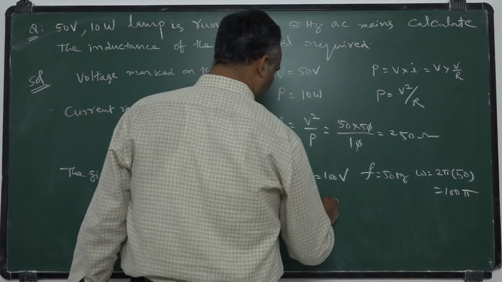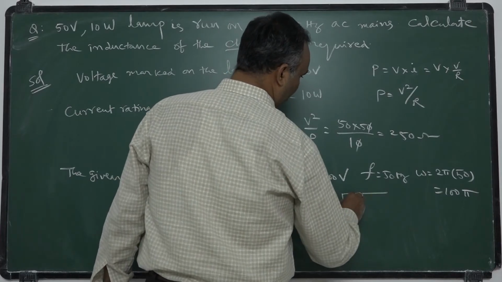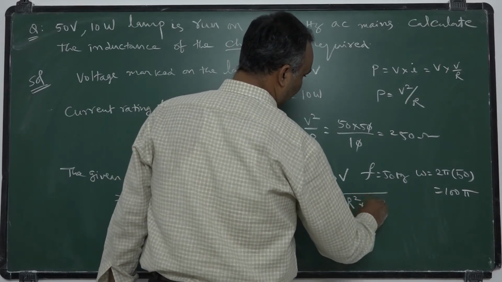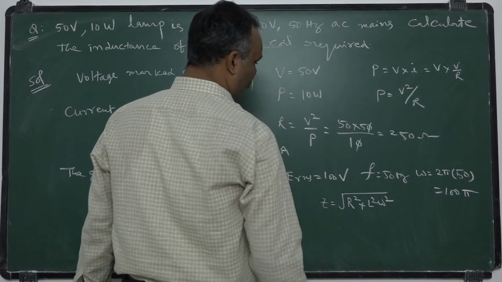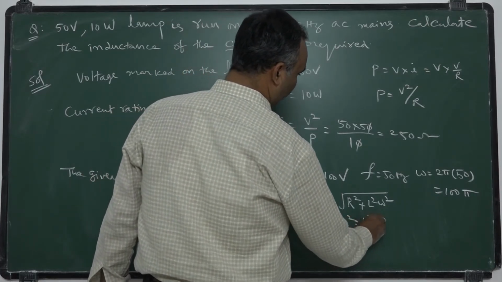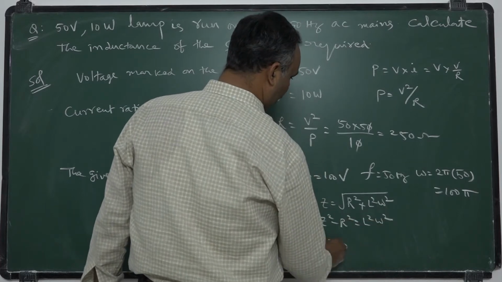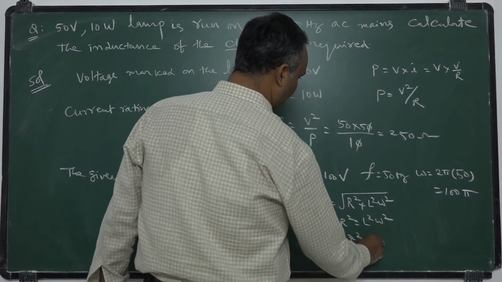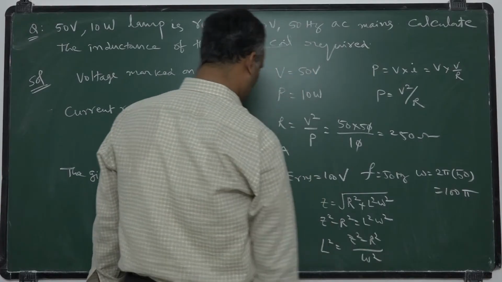So as you know, impedance is square root of R square plus L square omega square. So then Z square minus R square is equal to L square omega square. L square is equal to Z square minus R square by omega square.